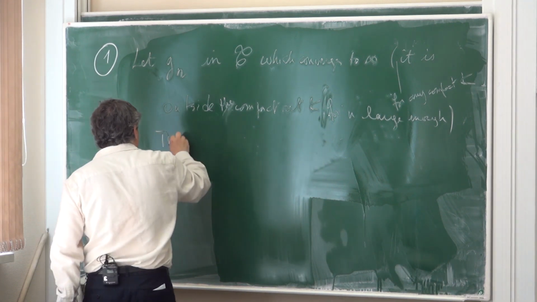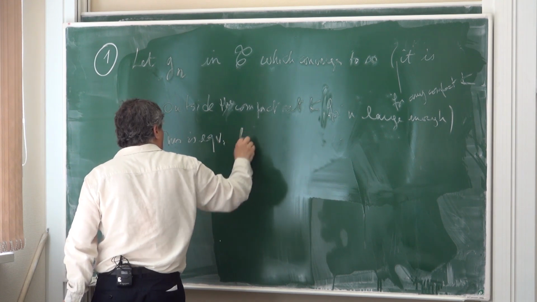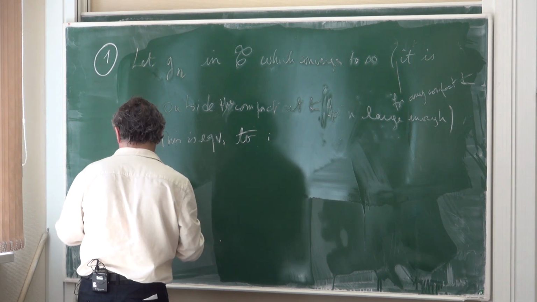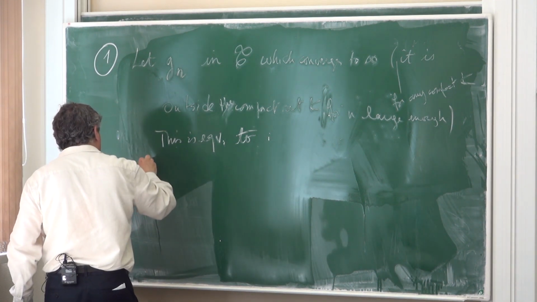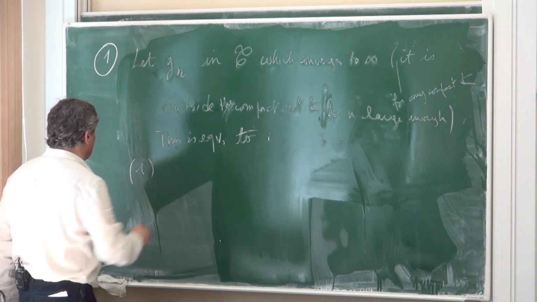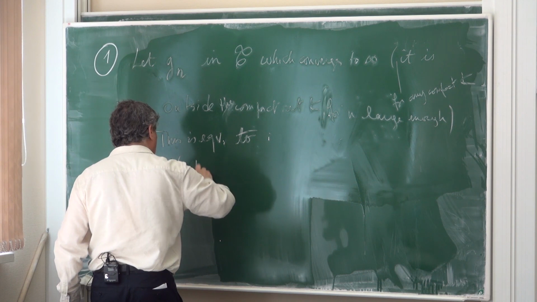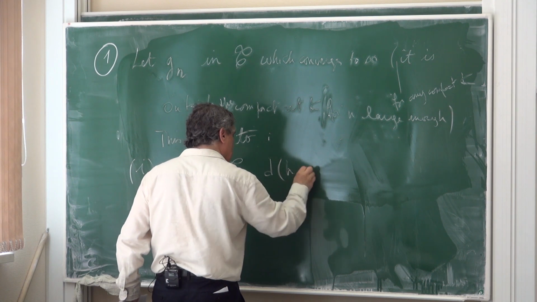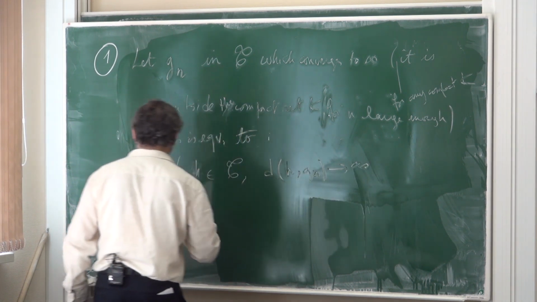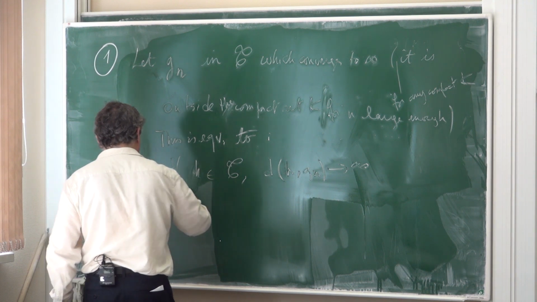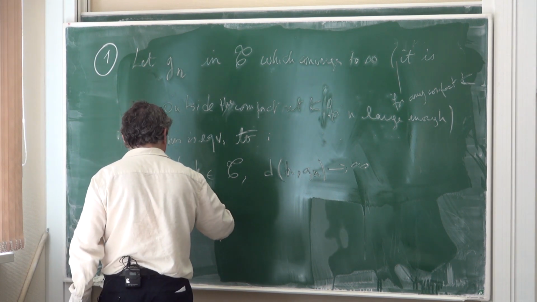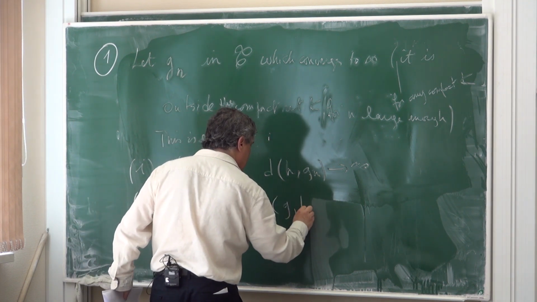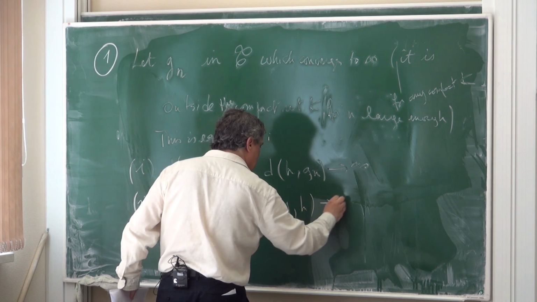Well, this is equivalent to either: for any h in Teichmüller space, the Thurston distance from h to Gn goes to infinity, and then the second thing is that for any h in Teichmüller space, the distance from Gn to h goes to infinity.